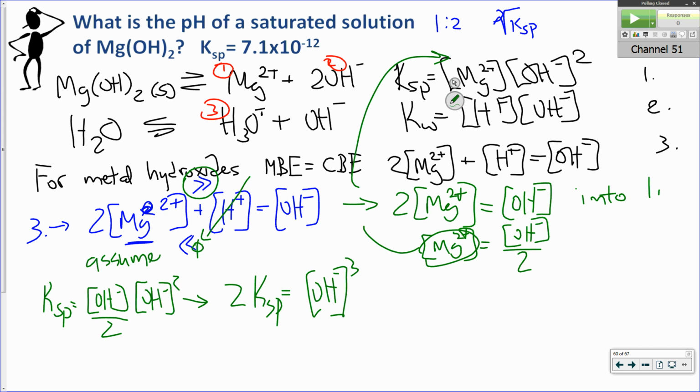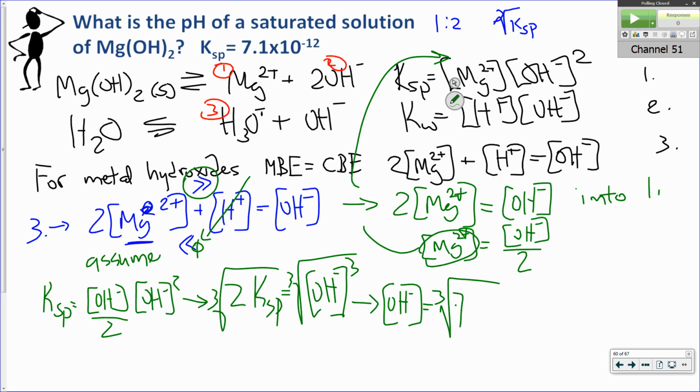So now again, to get rid of the cube, I need to take the cube root of both sides. That says the hydroxide minus is equal to the cube root of KSP, which is 7.1 times 10 to the minus 12 times 2. All right, so let me find out what that value is.